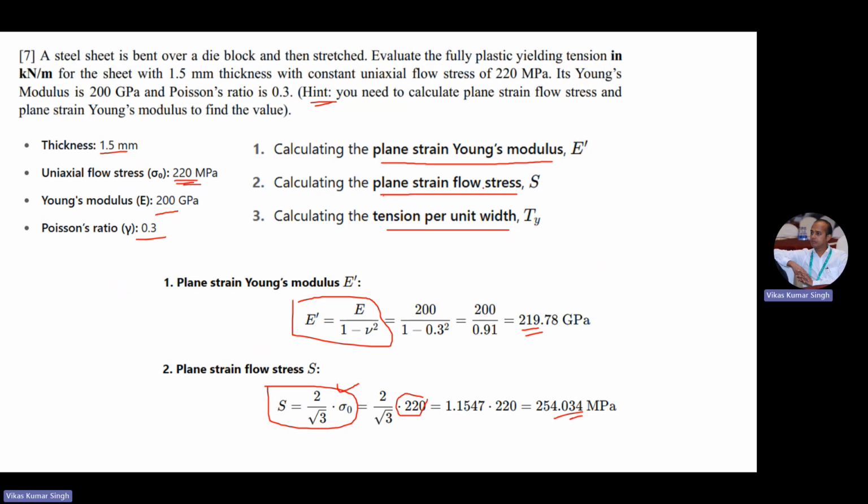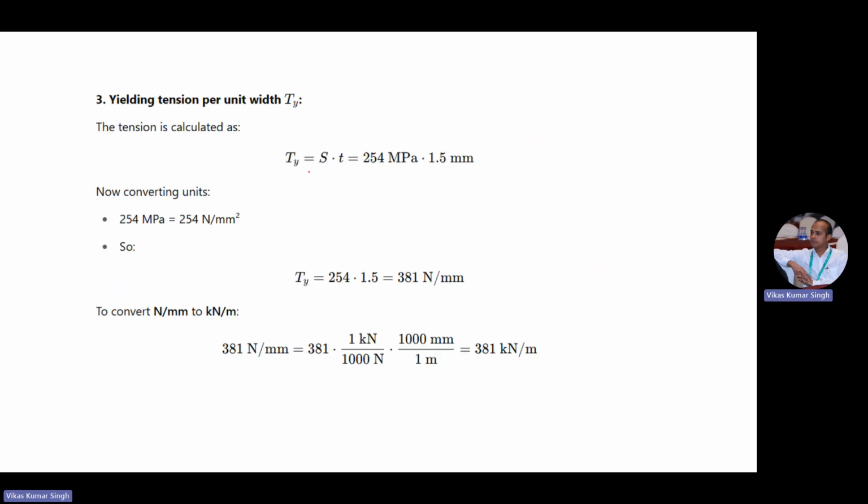Now the next step is a little important. Here we have to calculate the tension per unit weight. How will we calculate it? The yielding tension, as I told, is nothing but the stress into thickness.